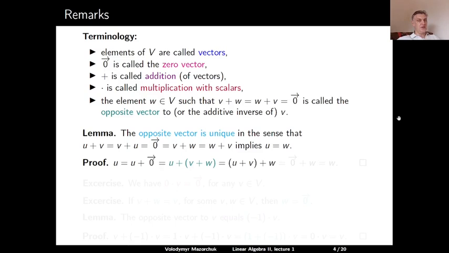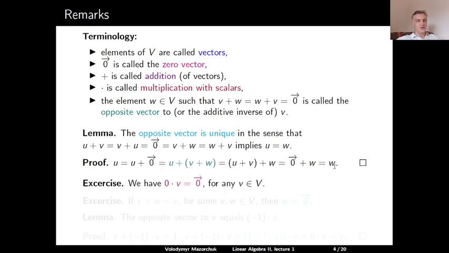Using associativity, we can move the brackets to the left and say that this is equal to u plus v and then plus w. But u plus v is a 0 vector by our assumptions, so when we take the 0 vector and add to w, we get w. And so we have that u is equal to w, which is exactly what we asserted.